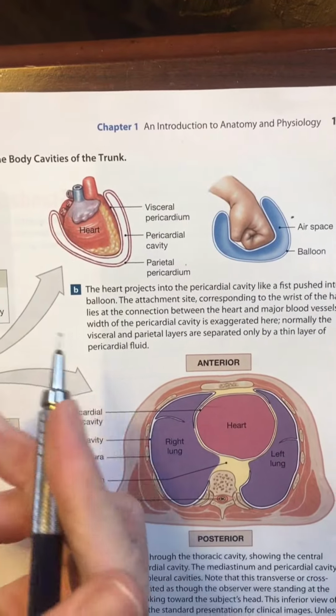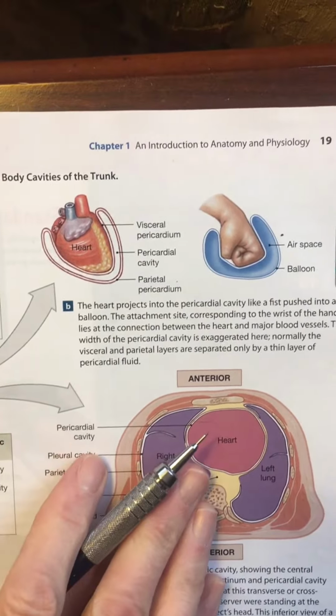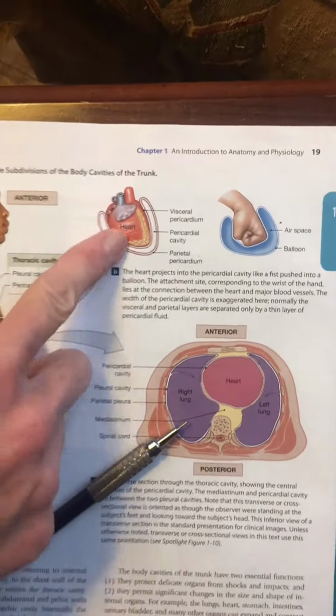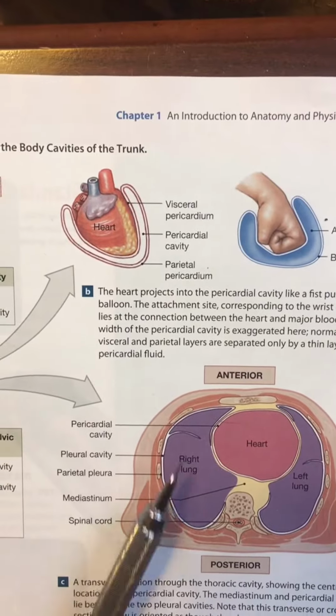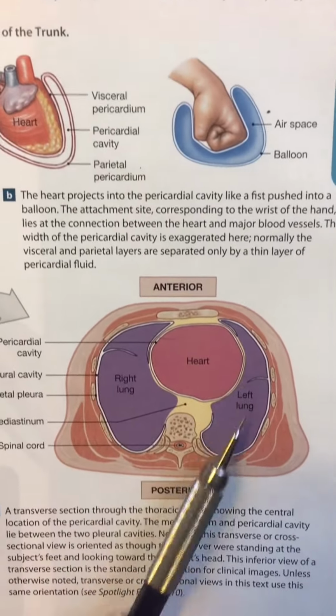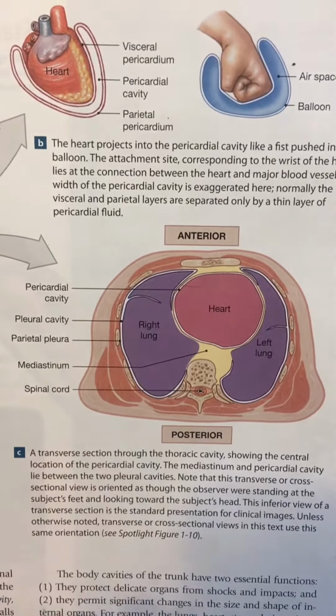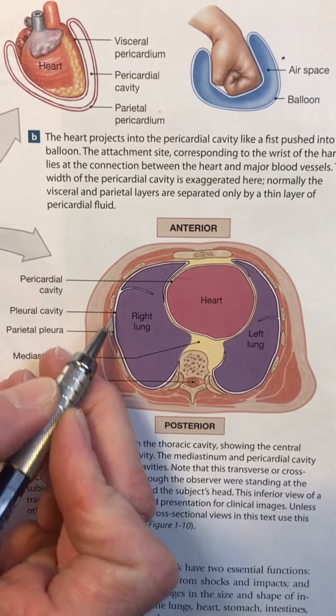The lungs are always expanding. You don't want these things to catch on other organs. You want them to have a surface that slides so easily and nicely with very little friction over itself and other surfaces. For example, the heart is going to be right next to the lungs, and each of them has its own serous membranes with a visceral and parietal part, and you can see the space between them is very, very narrow.